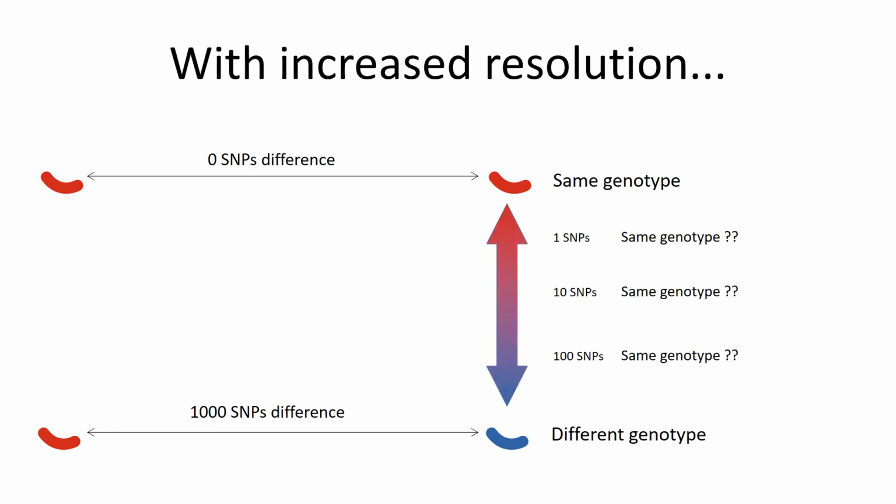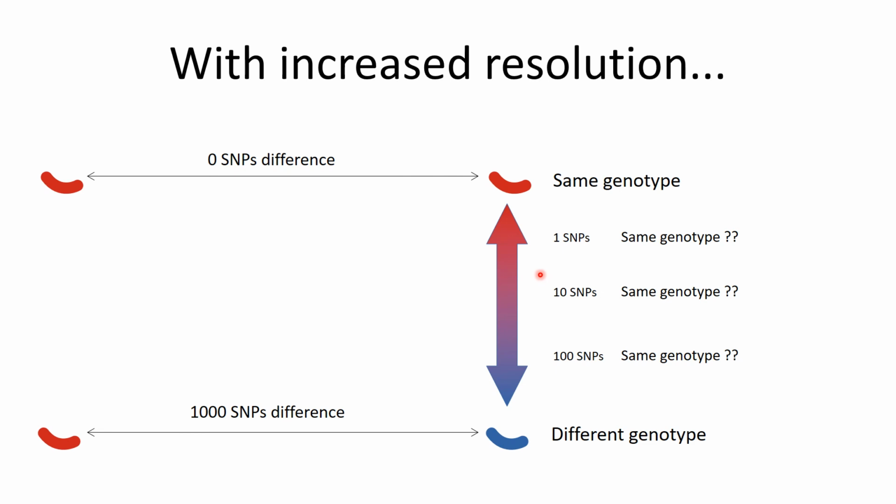The problem, of course, is where to put a limit. So the problem is how many SNPs do we consider that can define recent transmission?